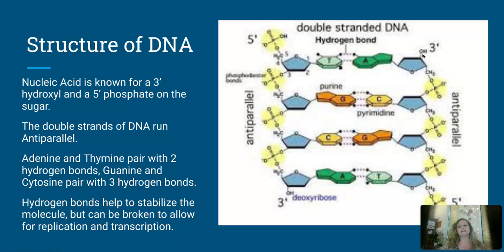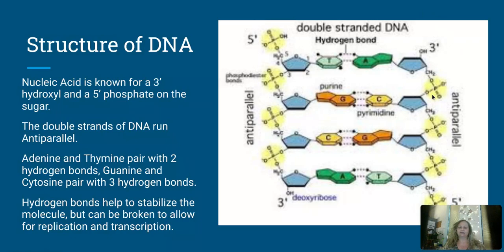And as you can see, the pentose sugar looks like it's upside down from our perspective because of that. In the center at the nitrogenous bases, we know that thymine and adenine will pair together. And because of the structure of those molecules, adenine and thymine can actually form 2 hydrogen bonds between them.